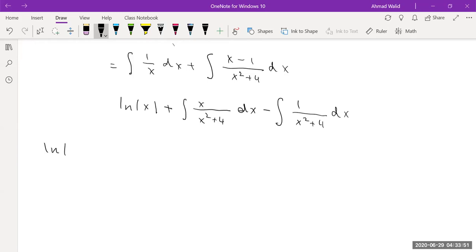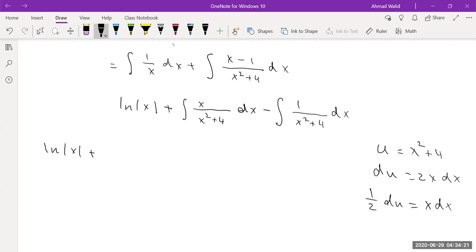Then ln absolute value of x plus. For the second part, u equals x squared plus 4. I'll use substitution. Then du equals 2x dx, and if you solve it for x dx, 1/2 du equals x dx. I have all parts of my substitution.